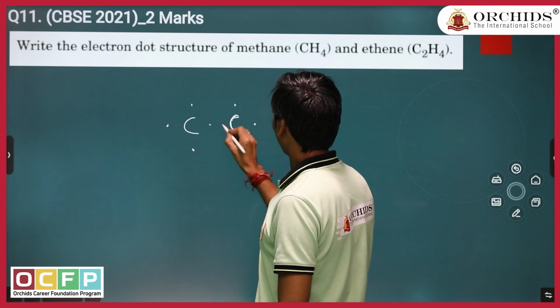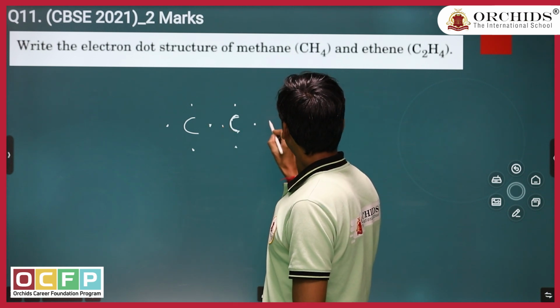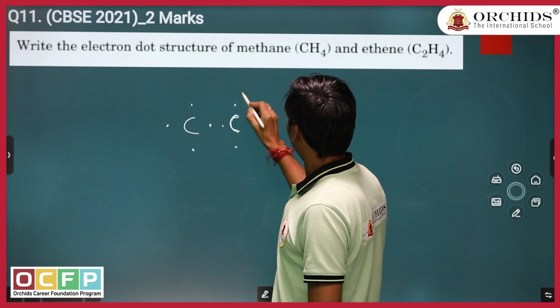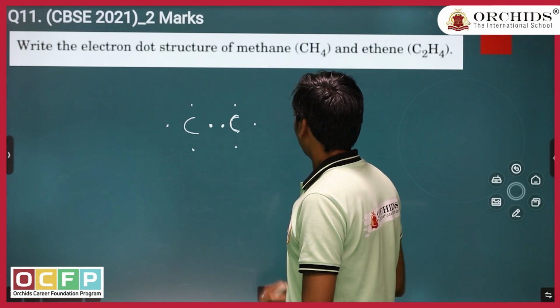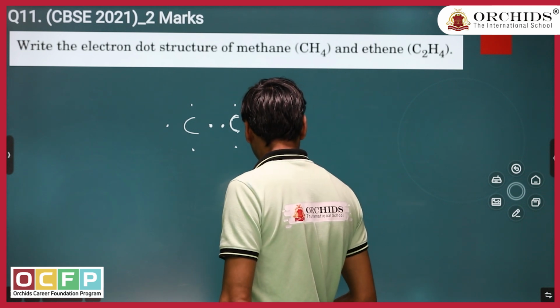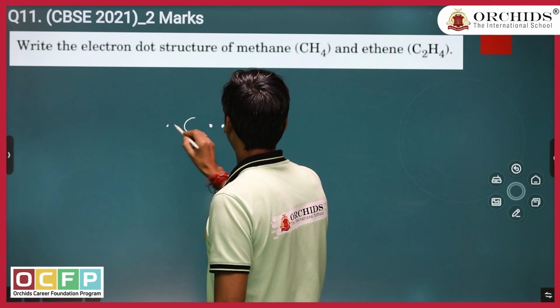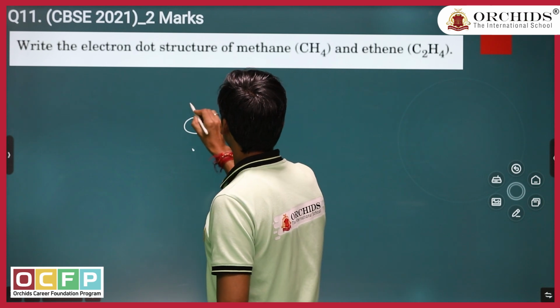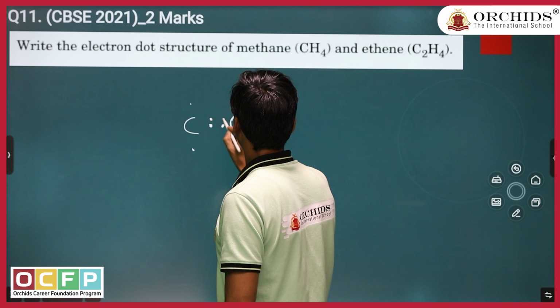Now how many electrons does carbon need? 4 electrons. Apart from that we have hydrogen also, as we have 4 hydrogens. In this case, on this side we have hydrogens, and carbon will share 2 pairs of electrons.